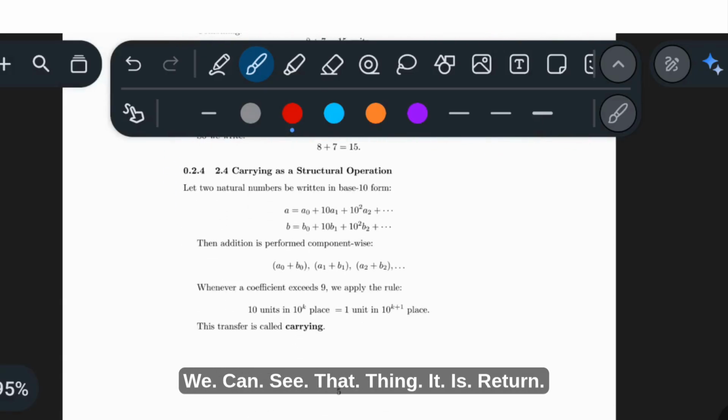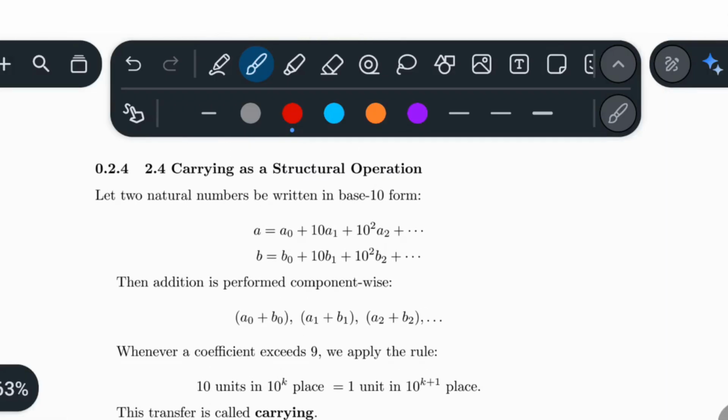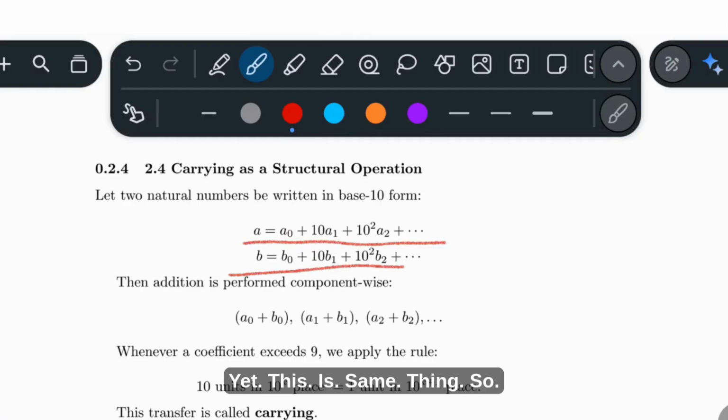Here we can see that it is written. Yeah, this is the same thing.